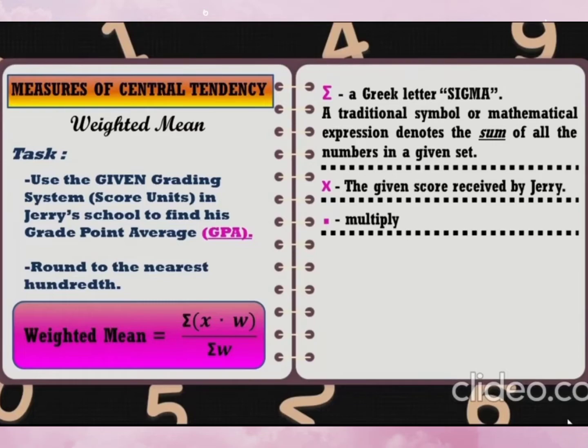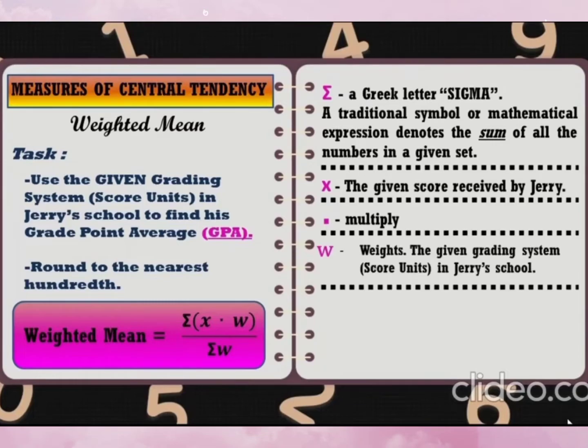But what is W? W is what we call the weights, the given grading system or course units per subject. For example, in the grading system of college, we have this term called units per subject. In Mathematics in the Modern World, for example, we have 3 units. So in this particular formula, 3 units or 3 is an example of weights. The next symbol is this line, which means divided by or division.